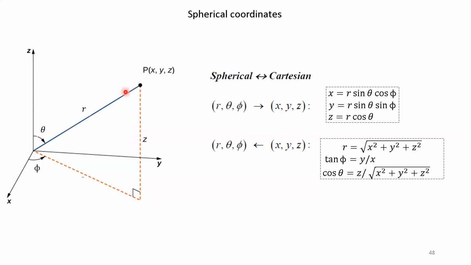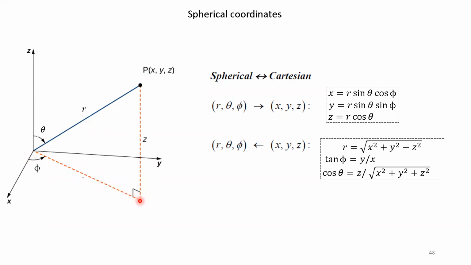So then I have R, I have theta, and the third one, phi, is the same as what we had in the cylindrical coordinates. I project this point P onto the xy plane, so I'll be here.